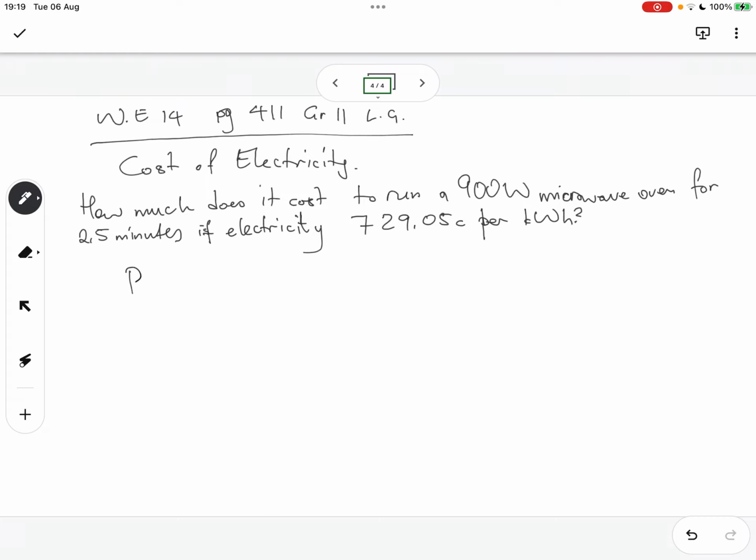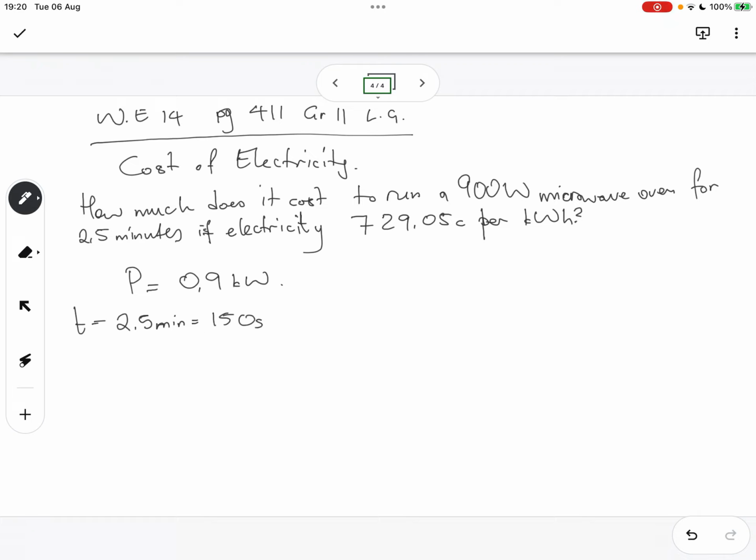so we know that the power is 0.9 kilowatt, and we know that 2.5 minutes is, so 2.5 times 60, that's 60 seconds. So this is 150 seconds.